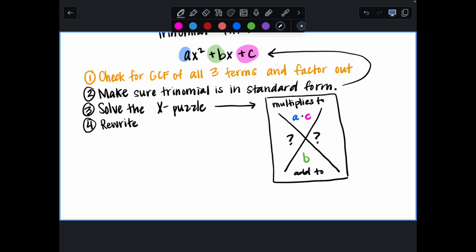Then you're going to take your solution from the x puzzle and rewrite the polynomial into 4 terms.